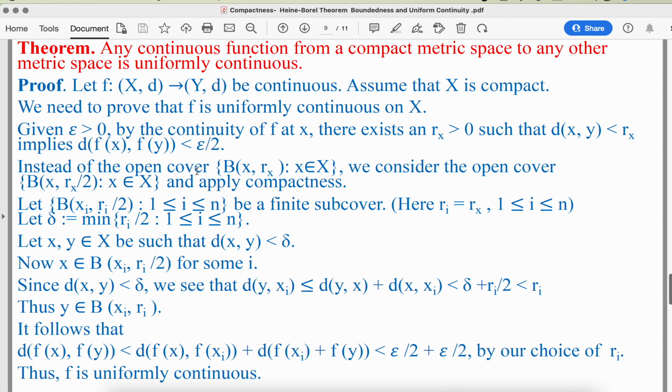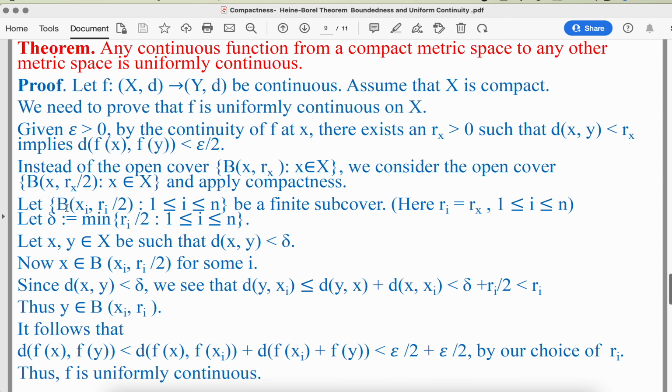So instead of the open cover of balls B centered at x and radius r_x, where x belongs to X, we consider the open cover of balls B(x, r_x/2), where x belongs to X, and apply compactness. Here instead of r_x we have considered r_x by 2.